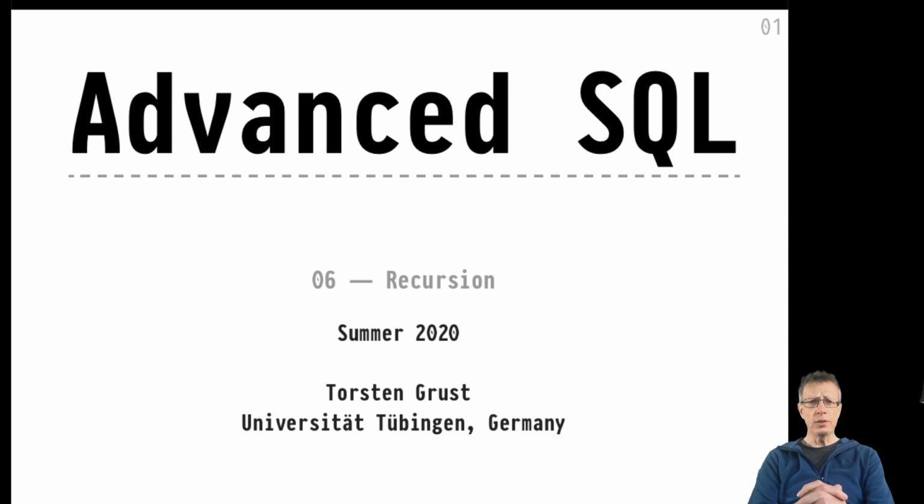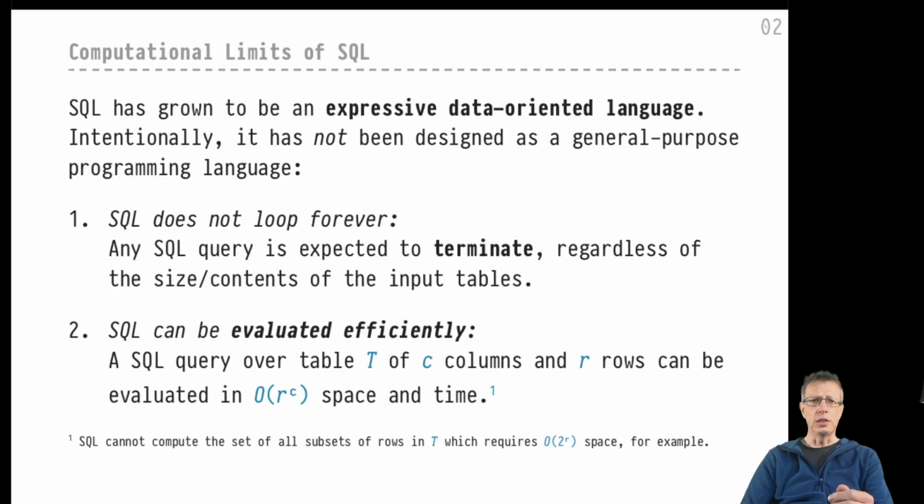We will add one construct to the SQL language that we've discussed so far, and that construct will change everything in a particular sense. SQL has already been a very expressive data-oriented language before we entered this particular chapter, right? But SQL has not been designed as a general purpose programming language, and that's actually for good intentions.